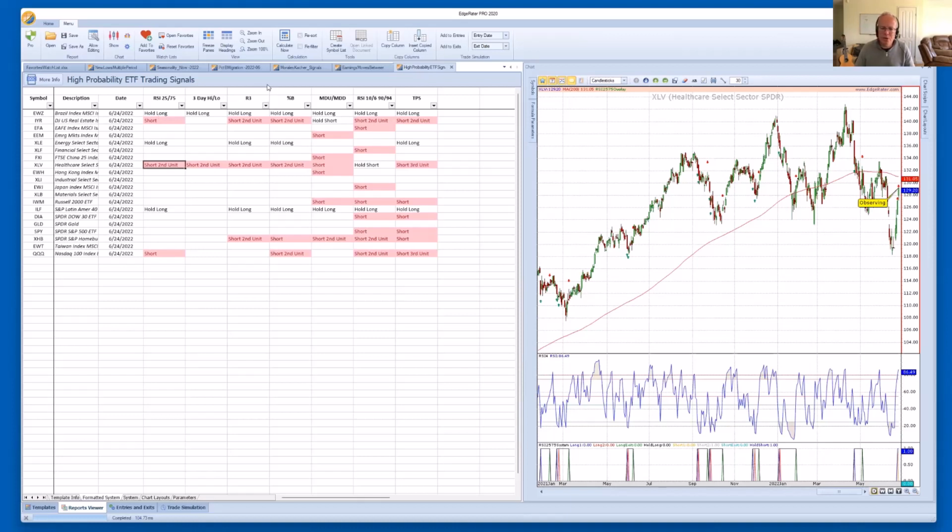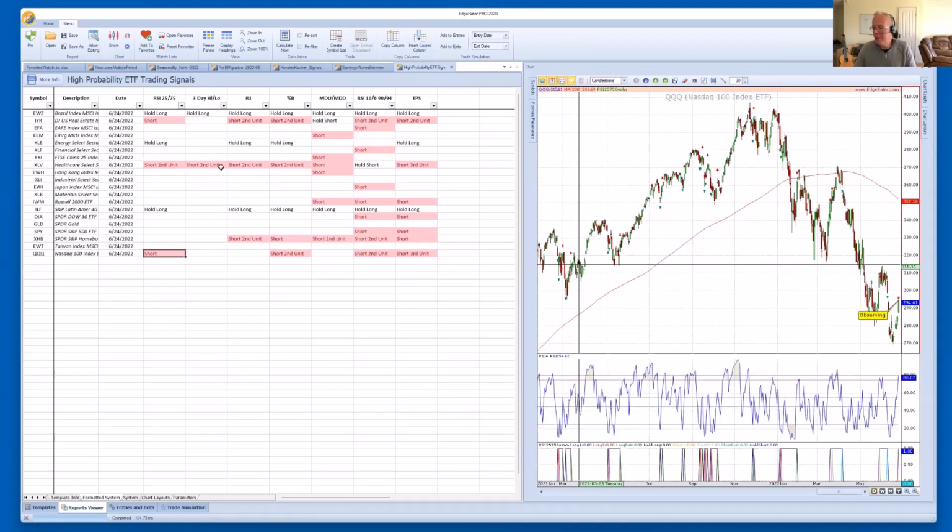So do you need both programs? I would say no. You don't need to have both programs. Some people like to have both because the ETF Trading Bandit is maybe easier to use if that's all you're doing, high probability trading. But here, if you wanted to trade high probability ETF trading strategies using the close price of the day, you would run this template at the end of the day.